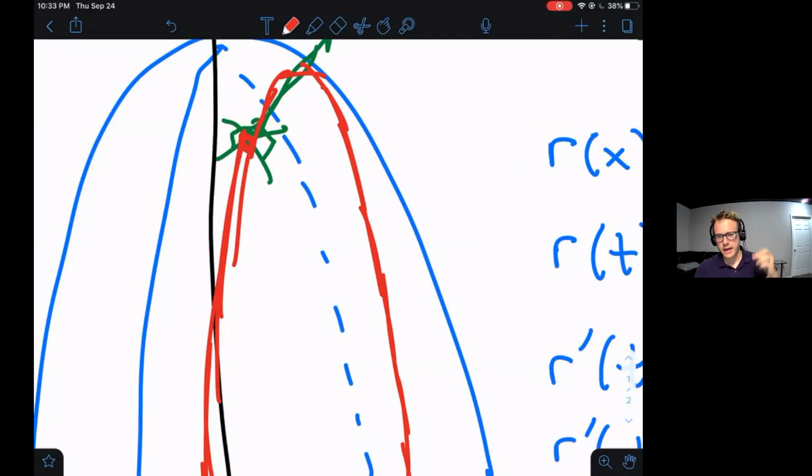Z equals negative 2. So again, 1 in the x direction, none in the y direction, down 2 in the z direction. And hopefully this is a nice perfect tangent vector here. So again, 1 in the x, 0 in the y, negative 2 in the z. So it should look something like this. So we have now 1 tangent vector.